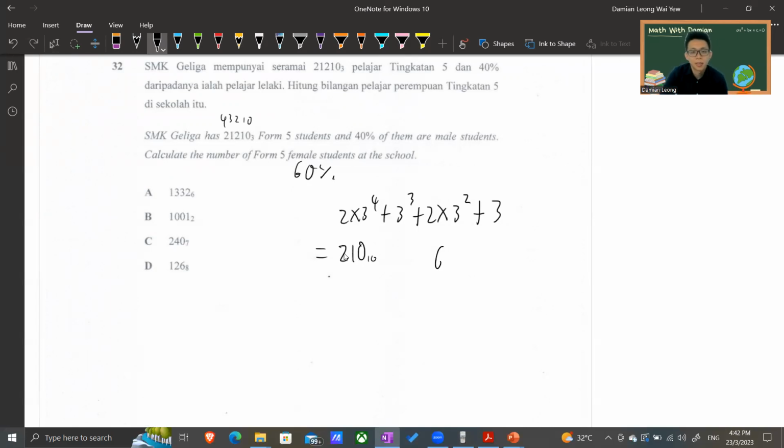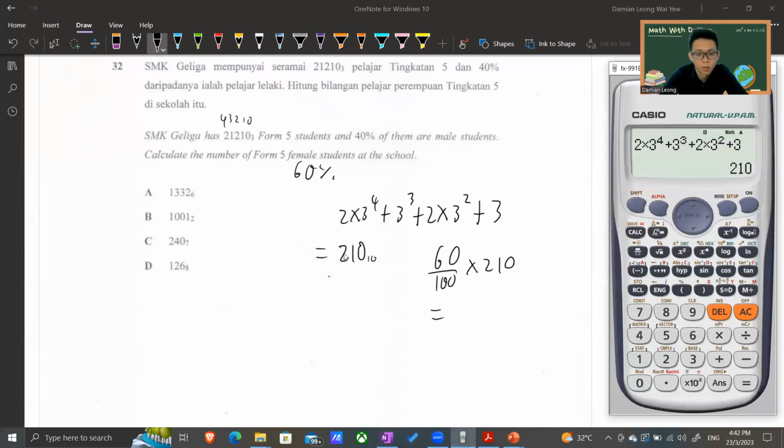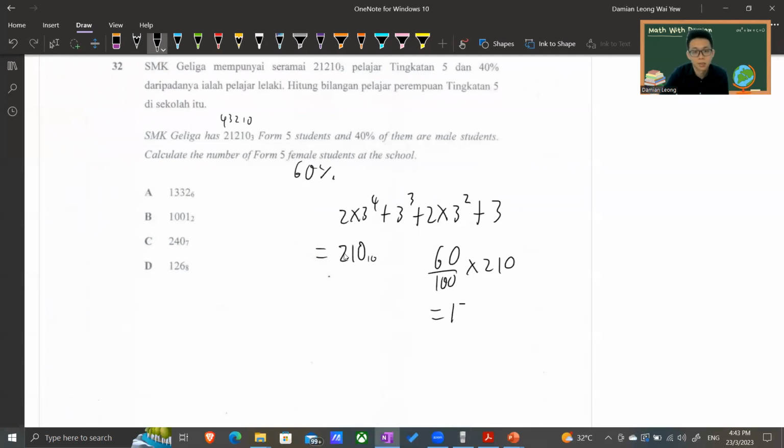So I want 60% of that. 60% of 210. 126. This is in base 10. So I check which of this is correct. 1001 quite likely is not. 126 base 8 confirm is not. No way I change the base is still the same. So most likely it's not. I just need to check base 6 and base 2.